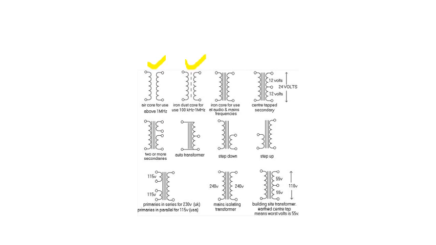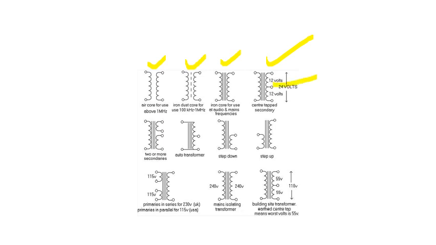An air core is used above 1 megahertz, while this one is for 100 kilohertz to 1 megahertz. An iron core is used for audio frequencies. More iron is there. Then the center tap is shown here. If you want two values or want to divide something, then we use a center tap. Addition is there.